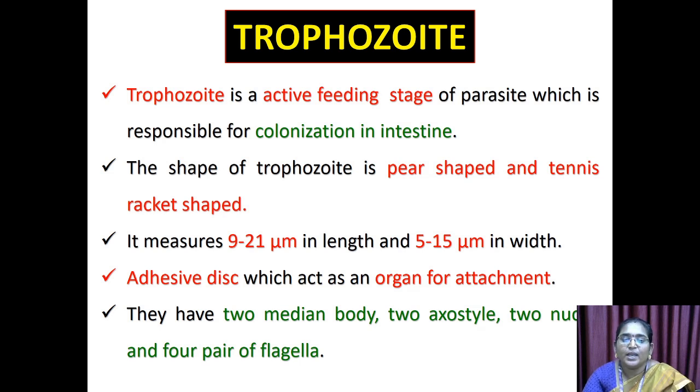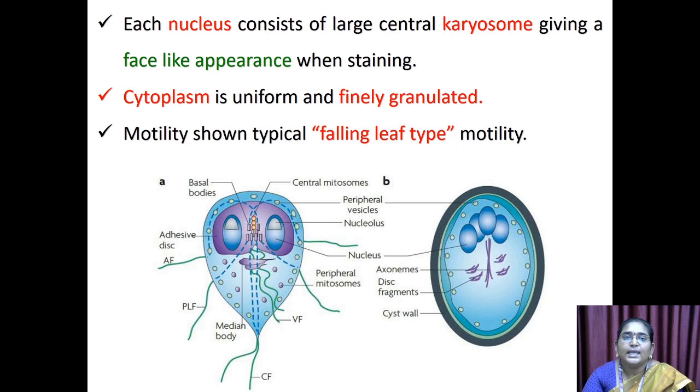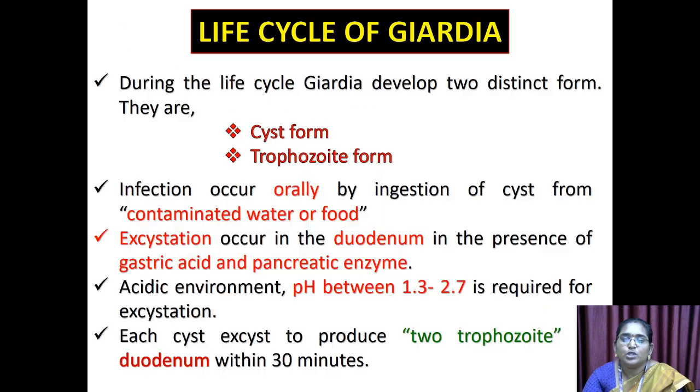They have 2 median bodies, 2 axostyles, 2 nuclei and 4 pairs of flagella. Each nucleus consists of a large central karyosome, giving a face-like appearance when stained. Cytoplasm is uniform and finely granulated. Motility is the typical falling leaf type.